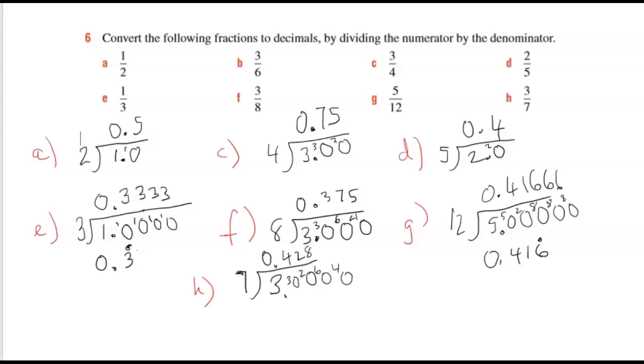Goes into 40 5 times. 7 goes into 50 7 times. And we're going to keep going. Okay, so I might just leave it there. Actually, girls, I'm going to keep going. I just wanted to check my answer on the calculator, and I think it's probably a good idea for me to show you how to write this, because it's actually going to keep recurring. So let's just go. Okay, so what have we got remaining? 3.